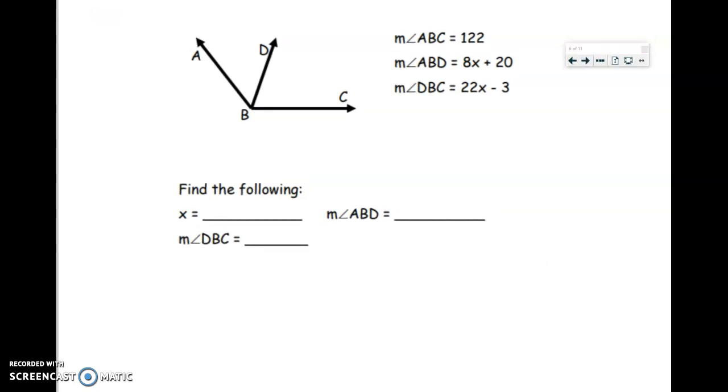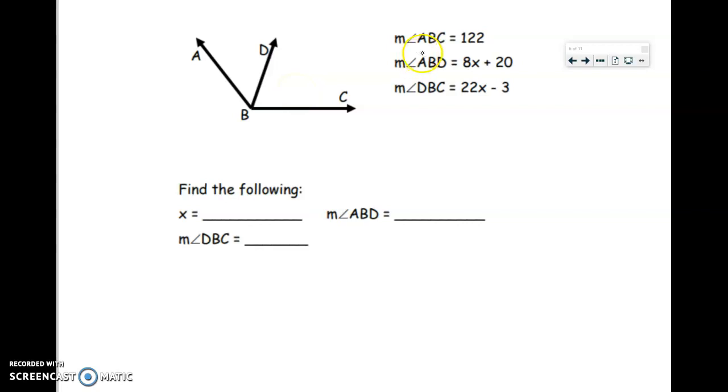All right, going back to how we used the segment addition postulate and our idea of having variables and solving, the same thing applies here. We're going to be using the angle addition postulate, and we are given different pieces of information for each angle. So we are solving to find x from our equations here, and then the measure of angles ABD and DBC, so these individual angles here.